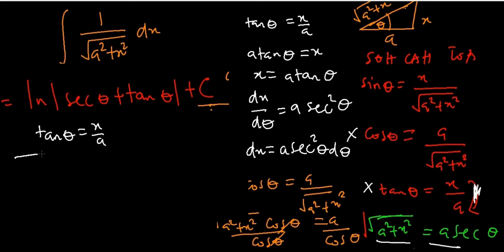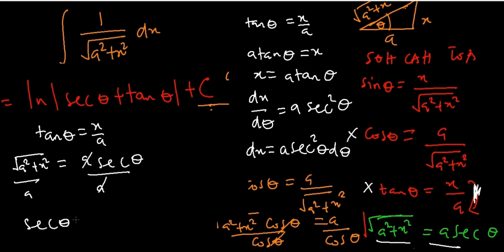So you have the square root of a squared plus x squared equal to a sec theta, right? So you can divide both sides by a. At the end I have sec theta equal to the square root of a squared plus x squared over a, right?